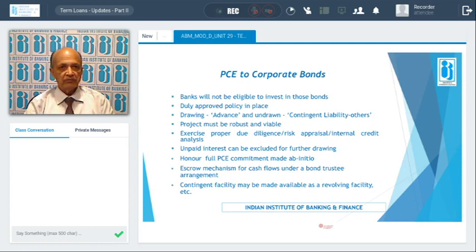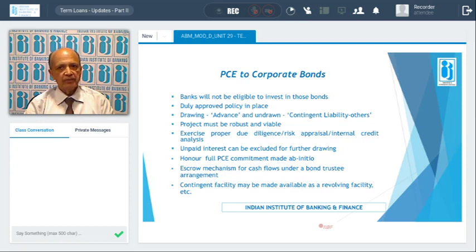Bankers will normally arrange for a ring-fenced escrow mechanism. The ring-fenced escrow mechanism means whereby the proper apportioning can be made from the cash accruals or the generation of funds. So an escrow mechanism for cash flows under the bond trustee arrangement should be made.